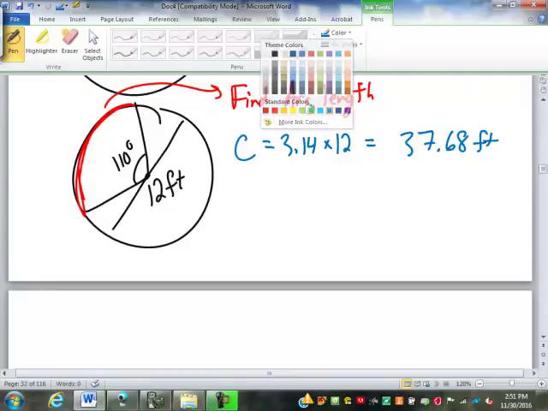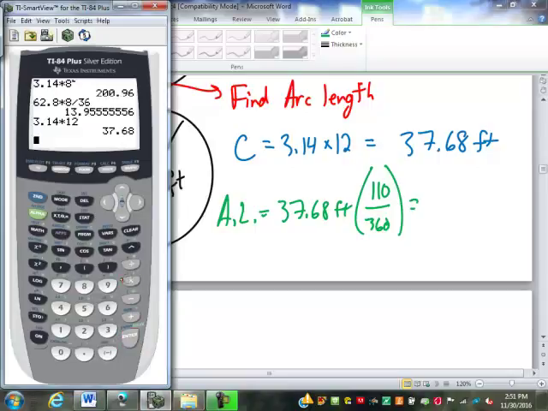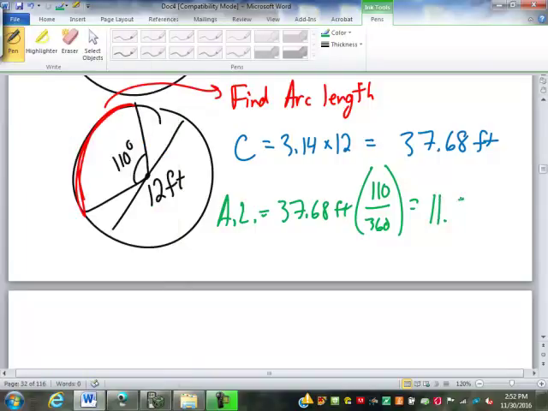So then the arc length is 37.68 feet times 110 over 360. Gives us 11.51 feet. How many of you had 11.51 feet? A few of you, good.